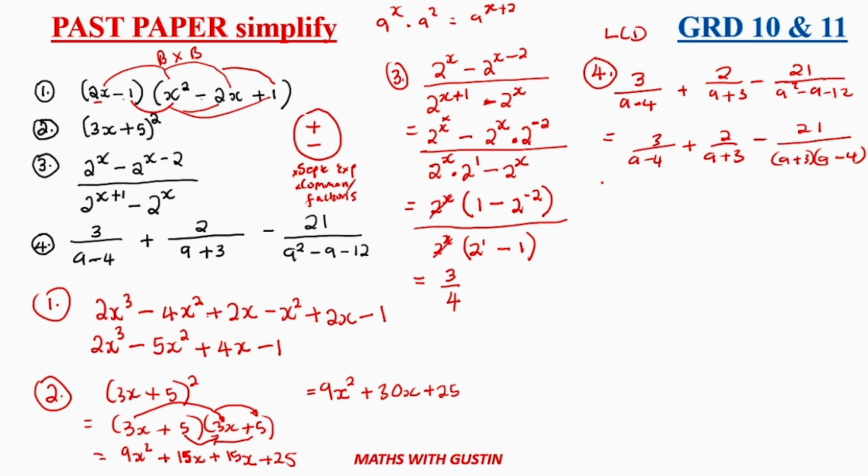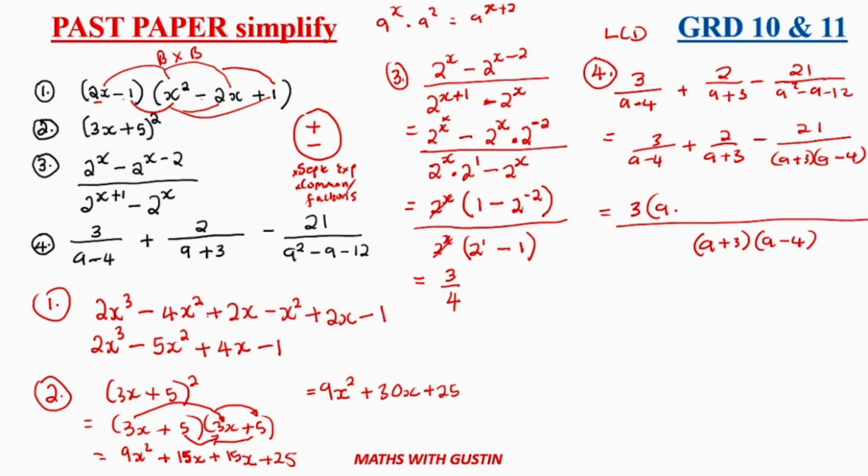All right, therefore our LCD in this case will just be everything at the bottom without repeating it, which is a plus 3, a minus 4. All right, therefore a minus 4 will go into a minus 4, leaving a plus 3. Therefore the numerator here is 3.